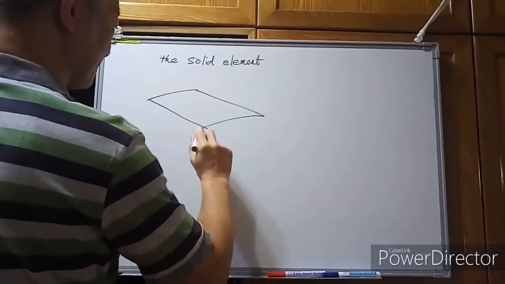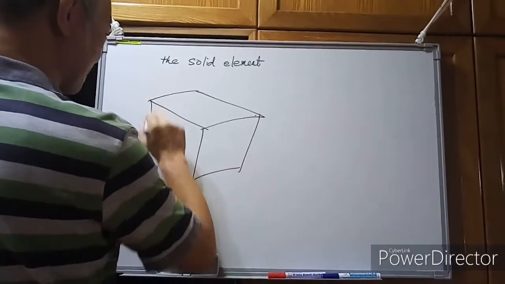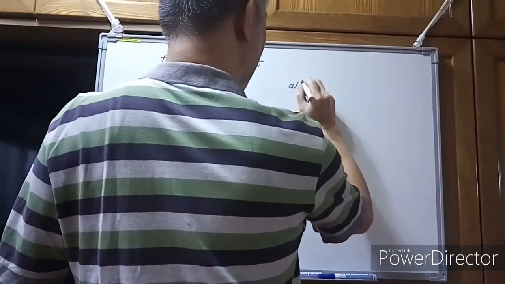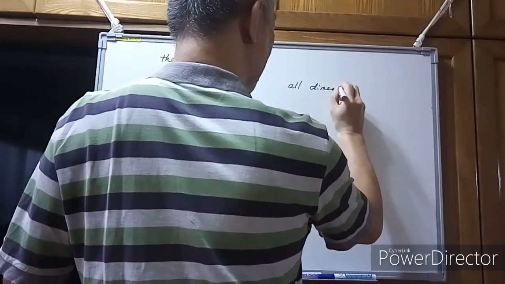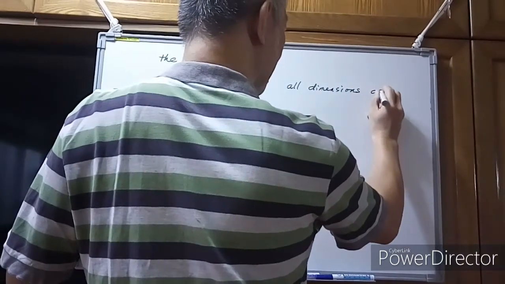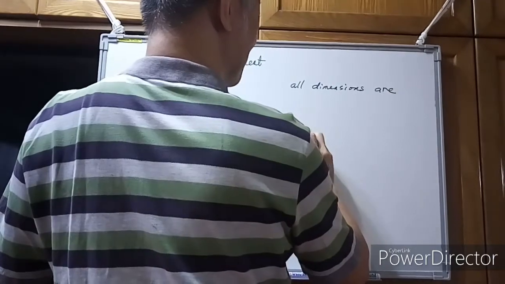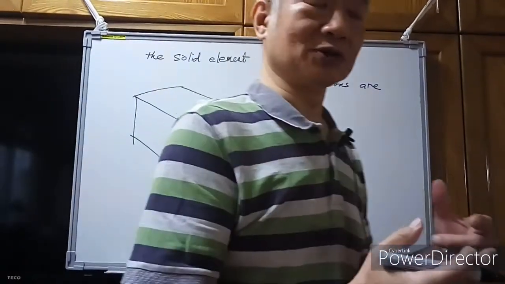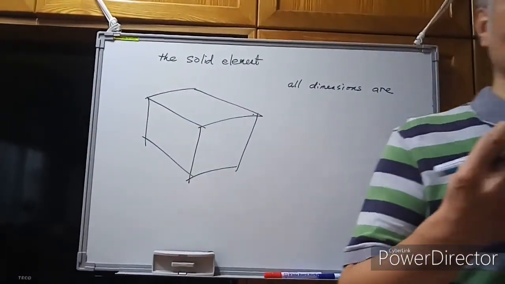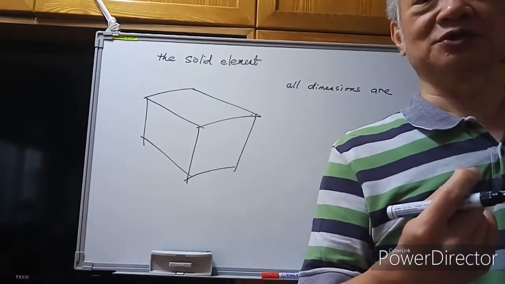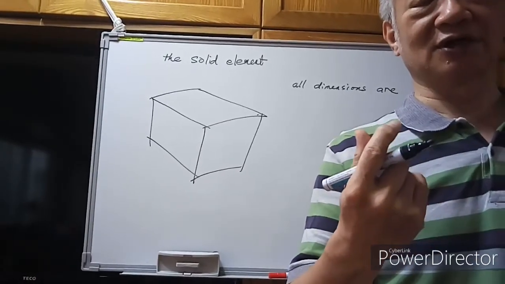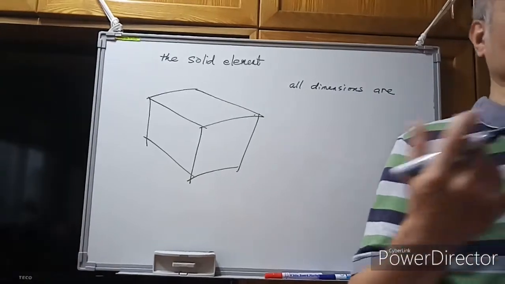So the solid structures: all dimensions are relatively close to each other, so we cannot say any one of the dimensions is much smaller than others, or any dimension is much larger than others.